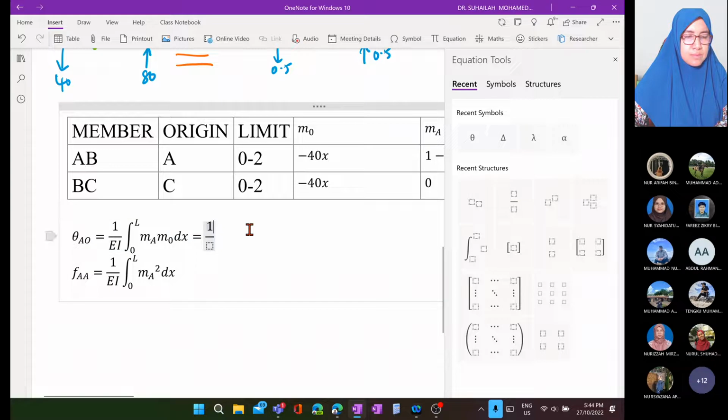Actually, you don't have to rewrite all the equations again, because you have put them into the table. But this time, because it is the first time, it doesn't matter.